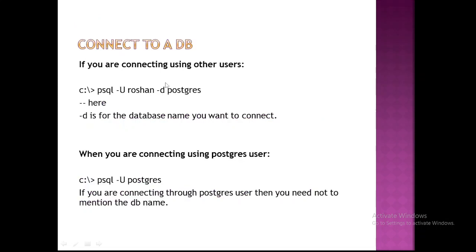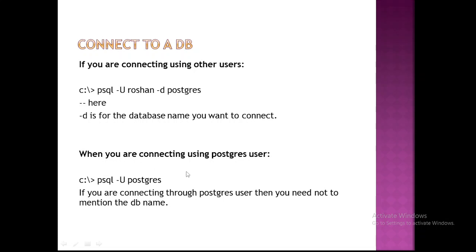Also, if we are connecting as the postgres user, then the default database for the postgres user is postgres, so we need not mention it. But if we want to connect to some other database, or connect through a different user, then we need to mention the database name with -d: psql -U username -d database name.